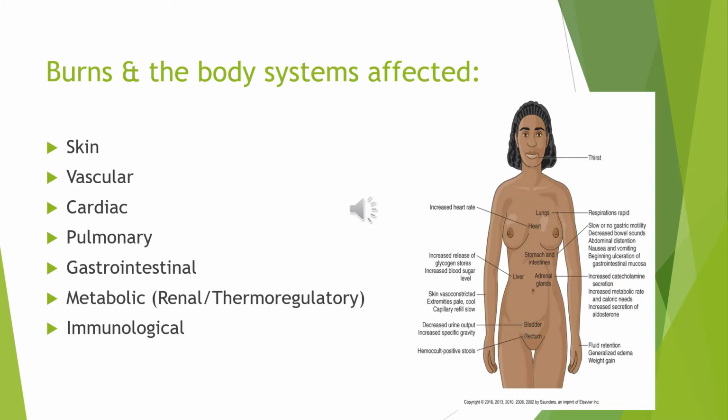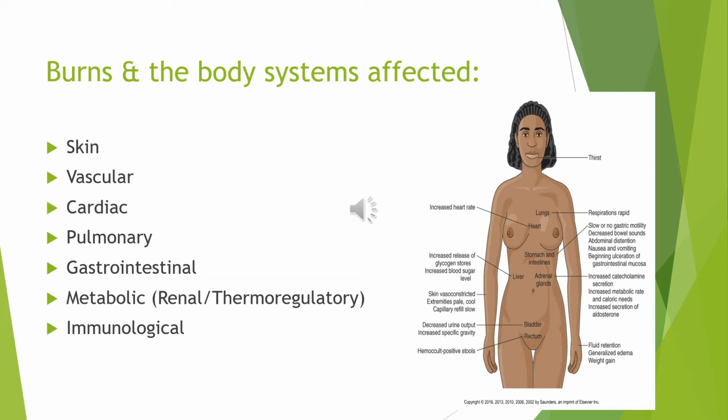When we have a break in the integument of the body system, especially from burns, other body systems are affected, just like we talked about, and that's why we have issues with multi-system disorders that can occur. So listed here, you'll see the affected systems, and there's a big picture here that is also in your book that outlines a few of the problems in the areas.